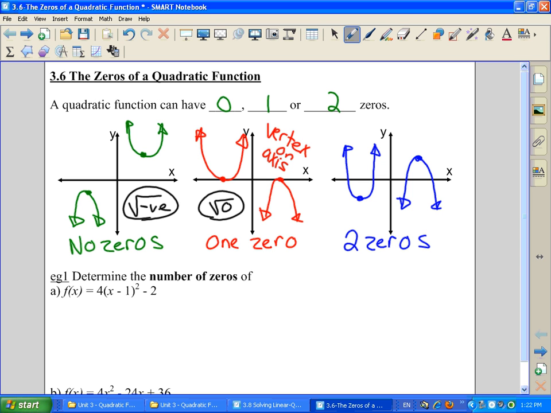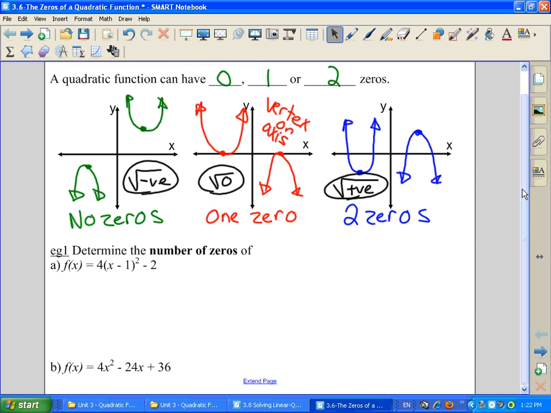And when we had a positive value in the square root, anything positive, like between 1 and infinity, then you have 2 different possible ways where it crosses the x-axis, or 2 zeros.